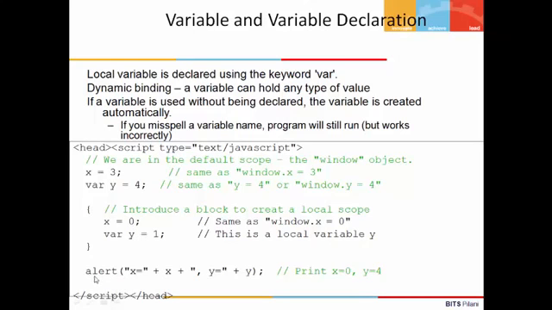So in case I have this alert statement printed, for x you will get a 0, but for y it will be the global value, because you have it outside this particular scope of braces, where it is going to print 4.